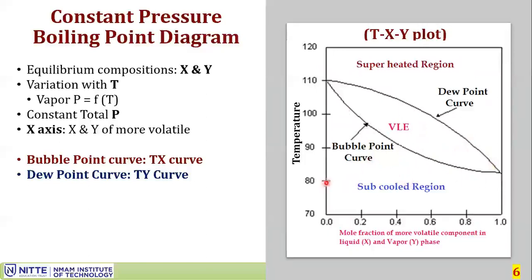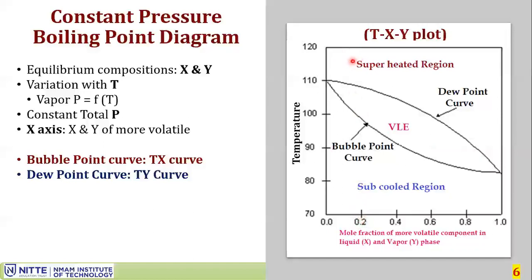Now say for example, I have a liquid of 0.2, that is 20% of the more volatile component, component A, and component B is 80%, and that is existing at 80 degrees. That means we have only the liquid phase existing there. There is no vapor available. On the other hand, I have the same composition at 115 degrees, somewhere here.